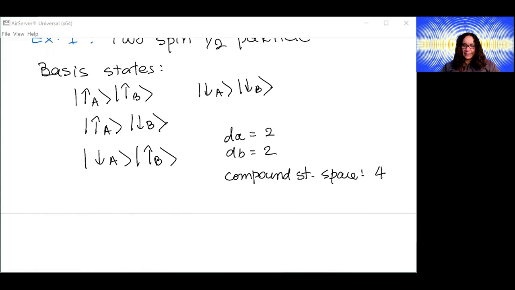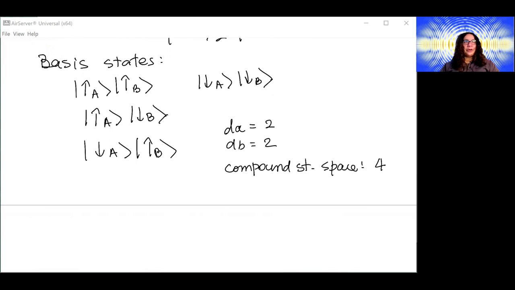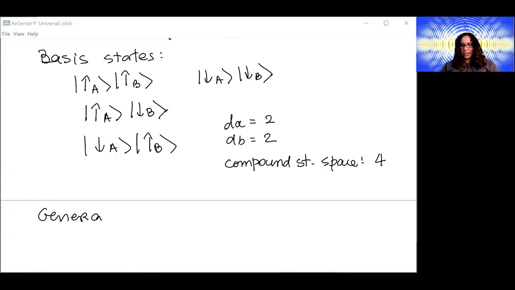And if we write this in general, we're going to find that a general state psi can be given by, again, the weighted sum of these compound basis states.